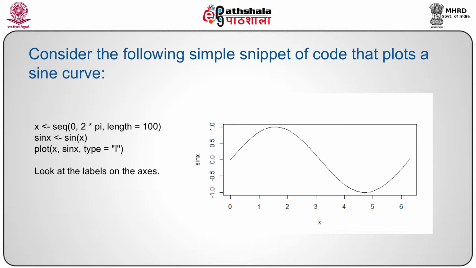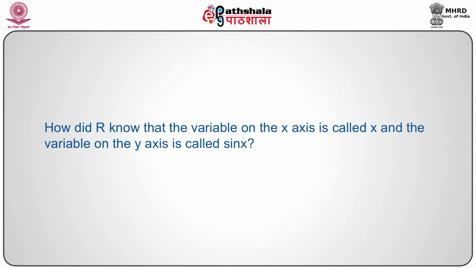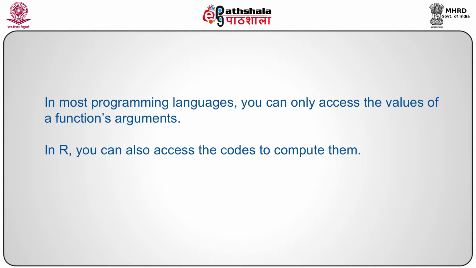Now have a look at the labels on the axis. The interesting thing is, have you ever thought about how R knew that the variable on the x-axis is called x and the variable on the y-axis is called sine x? In most programming languages, you can only access the values of a function's arguments.